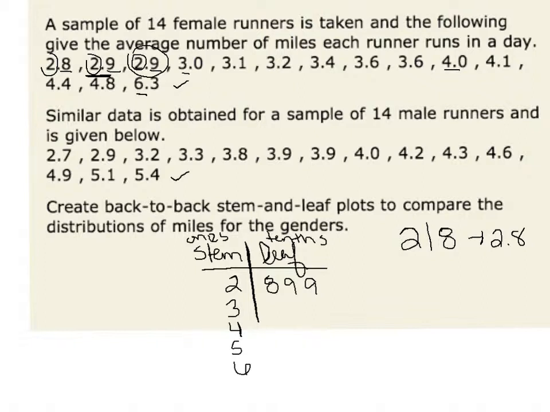We would include the stem of 5 just so that we can see the distribution of our data. The value of 3.0 miles could be represented as 3 | 0. We would continue this process until we got to the data value of 6.3, which would be represented in our stem and leaf plot as 6 | 3.